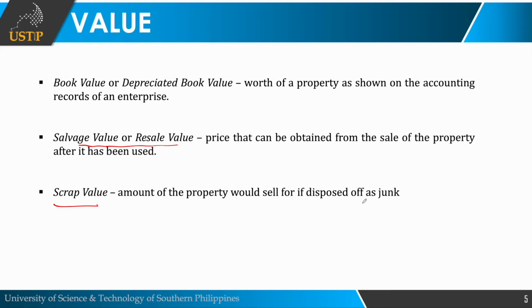So that would be the scrap value. In a sense they are similar, like in a Venn diagram they are in the intersection, but they're not exactly the same. Alright, that's for some of the different types of values.